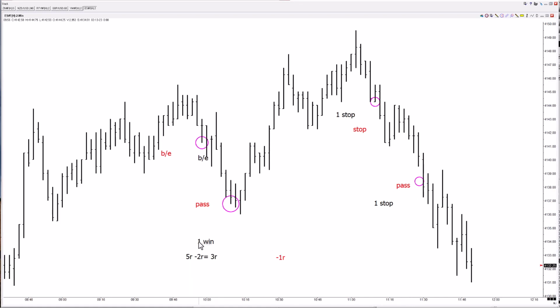Now, I trade 4 futures markets. So let's begin to multiply this. If I trade 4 futures markets today, and each of them was somewhat similar, this 3R is going to end up being plus 12R.